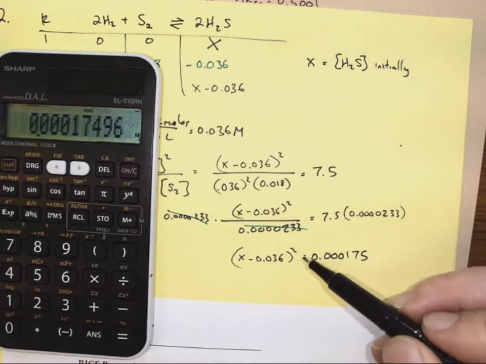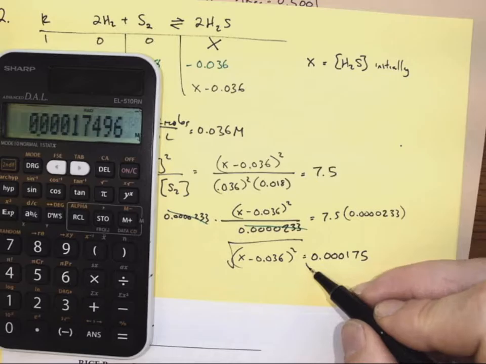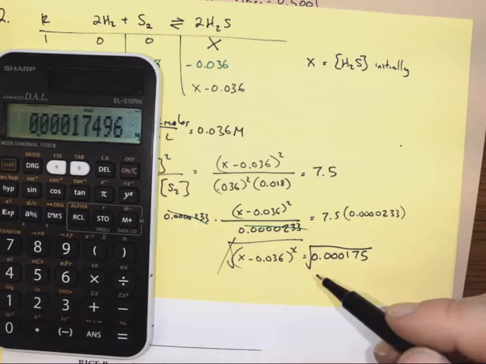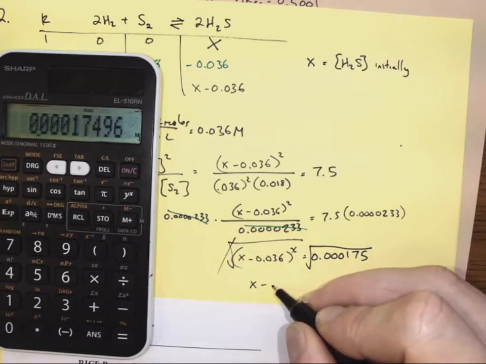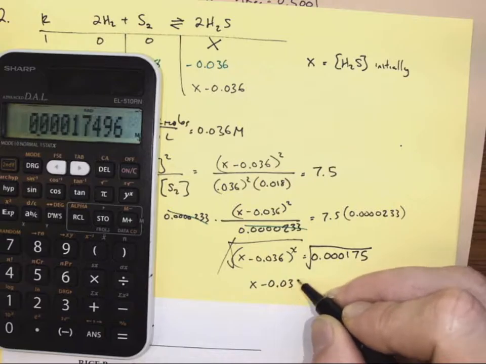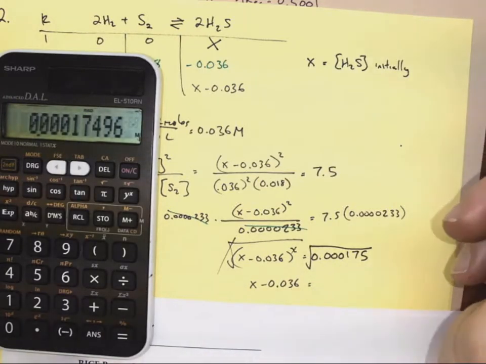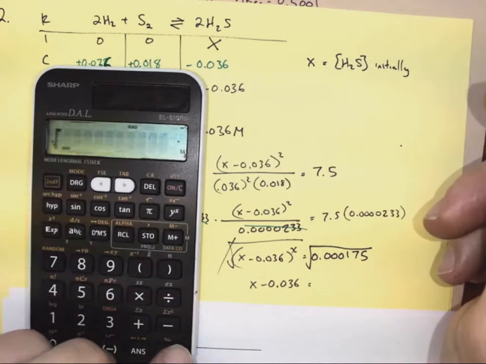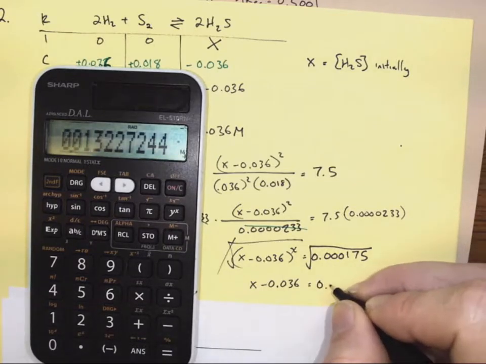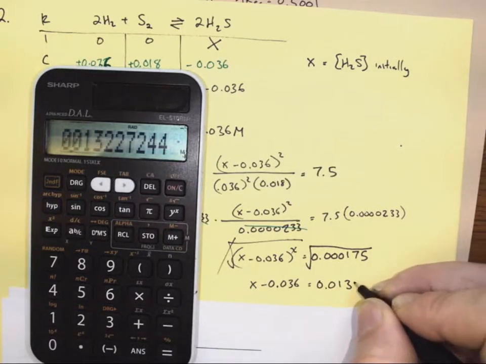I'll square root both sides to undo this square. If I was in math class, I would have to worry about plus and minuses, but in chemistry, we don't have to worry about that so much. And that's equal to whatever the square root of this is, which is 0.0132.